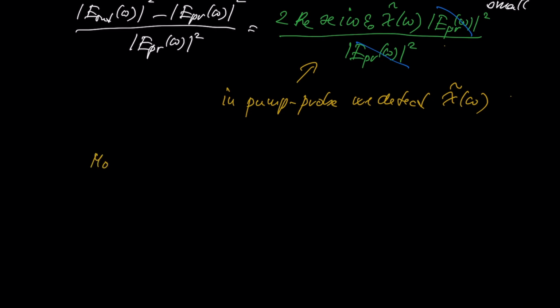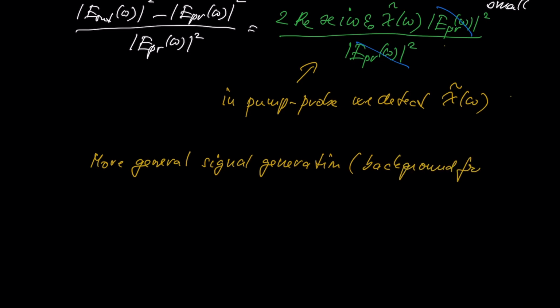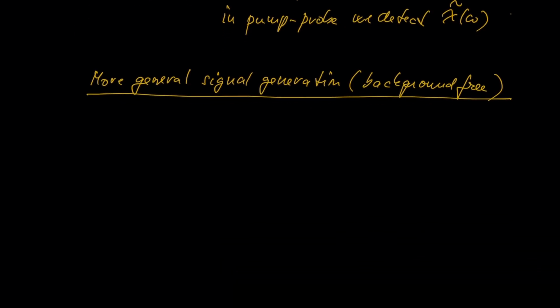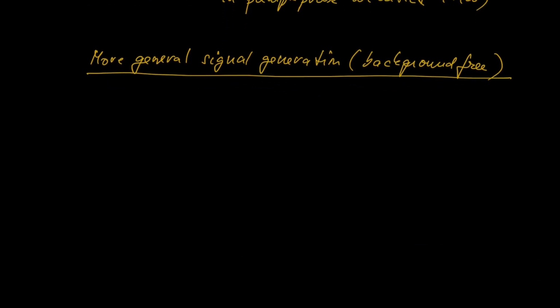We will be looking at a more general signal generation, namely the one which is background free. It might now not really look like an advantage after what we learned about the pump probe, but we will see that there are some other advantages which beat the advantages of the pump probe.